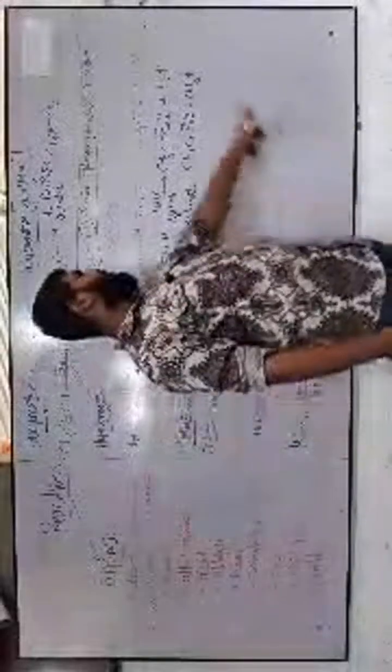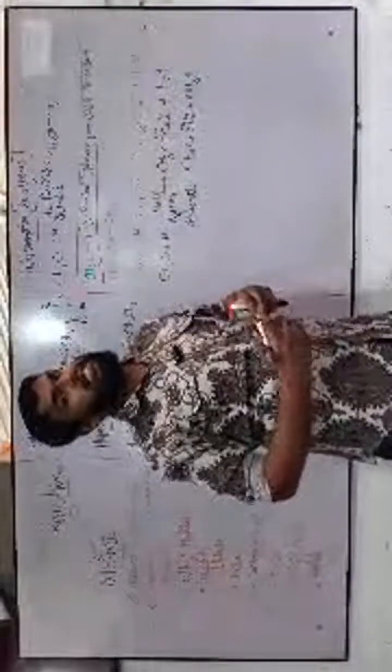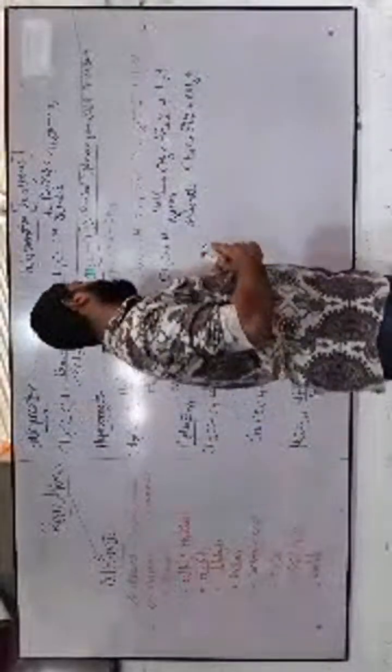Here you can use burning incense sticks, which will emit a popping sound. So all these tests can identify that this particular compound had an acidic hydrogen. This alkyne has acidic hydrogen.